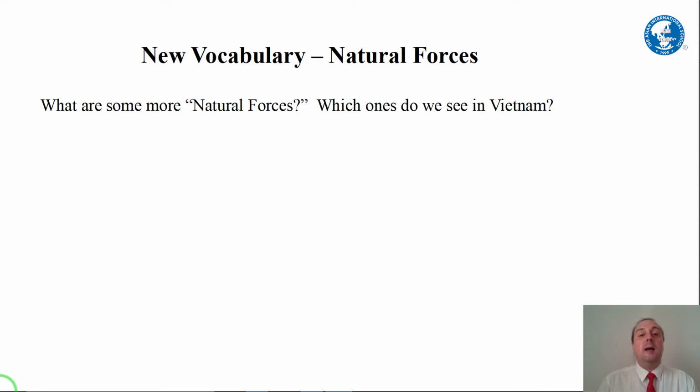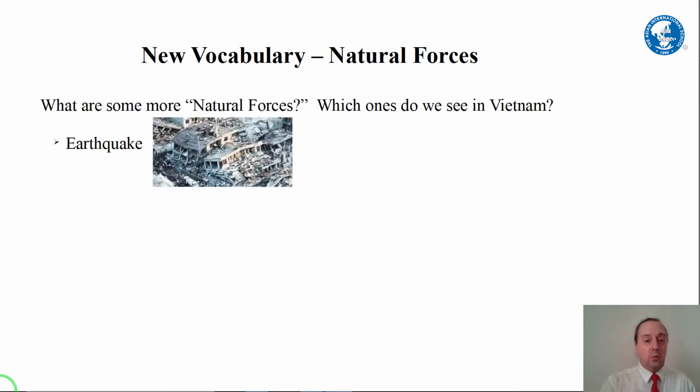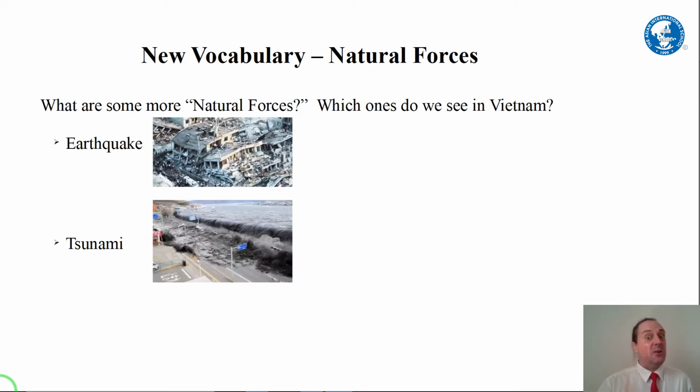Okay, I asked you to look up some other natural forces that we see here in Vietnam and some that we don't see in Vietnam. Here are some examples. First one is earthquake. Your turn. Earthquake. Good. Next one. This one's hard. Tsunami. Again, your turn. Tsunami.